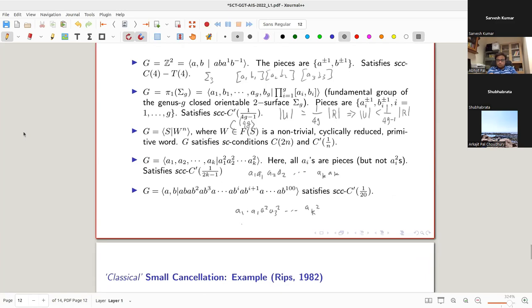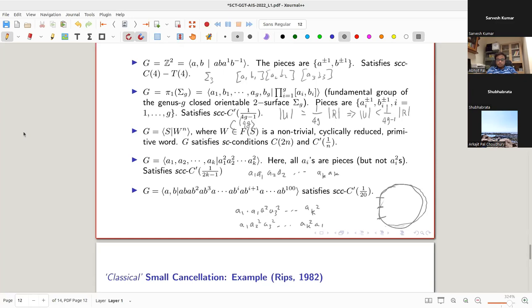And I can also take a1 times a2 square, a3 square, up to ak square a1, under cyclic permutation. If I write it this way, I have two a1's here. Once I will start from here, and once from here.